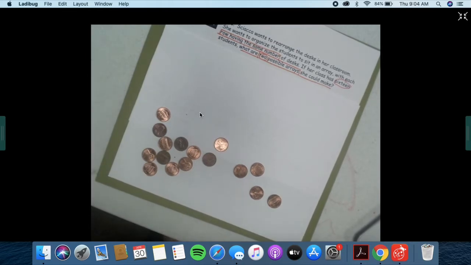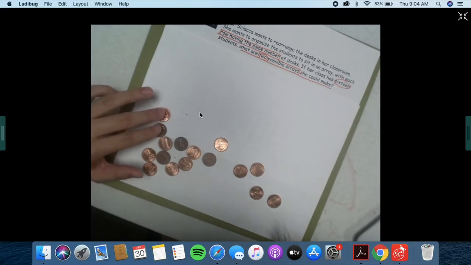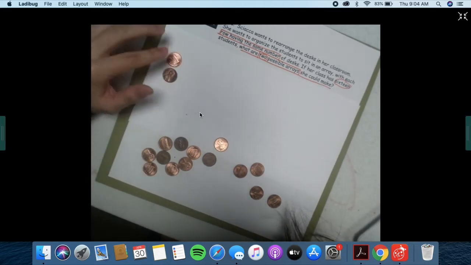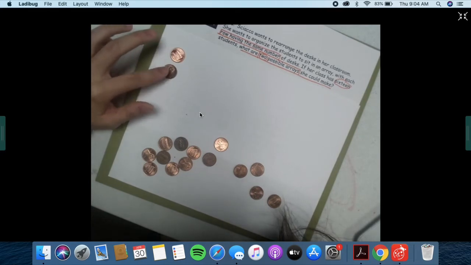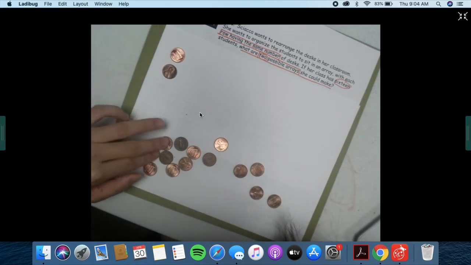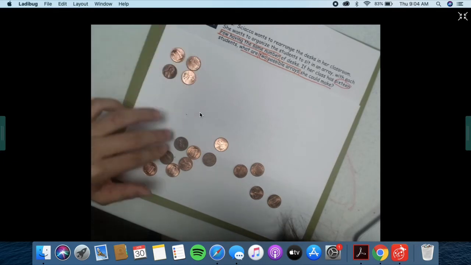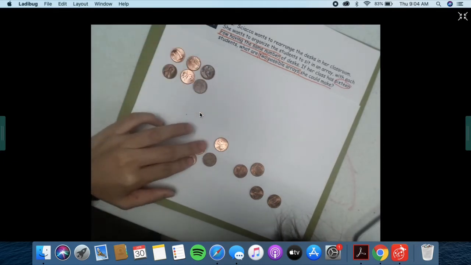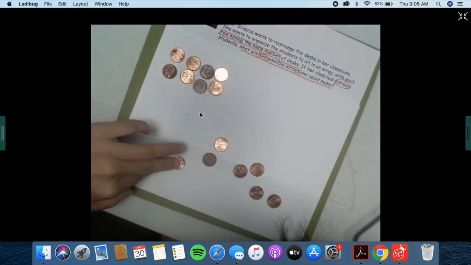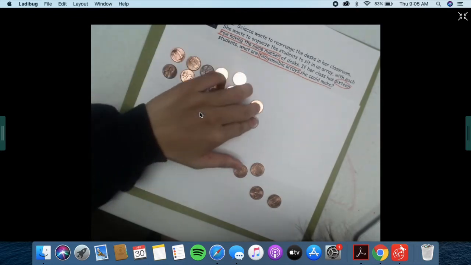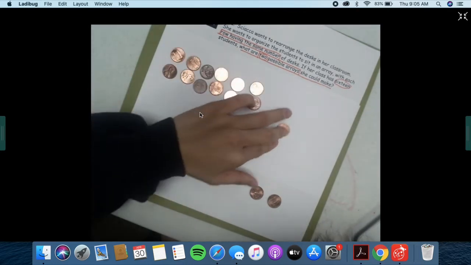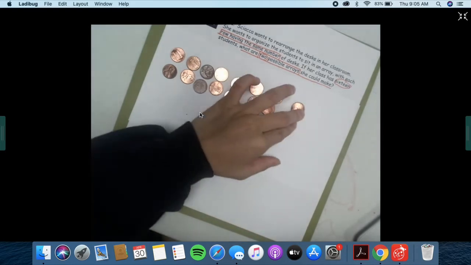I'm going to show how to do this by using pennies. And so I'm going to have two rows, one row and two rows, and I'm going to count by twos. 2, 4, 6, 8, 10, 12, 14, and 16.